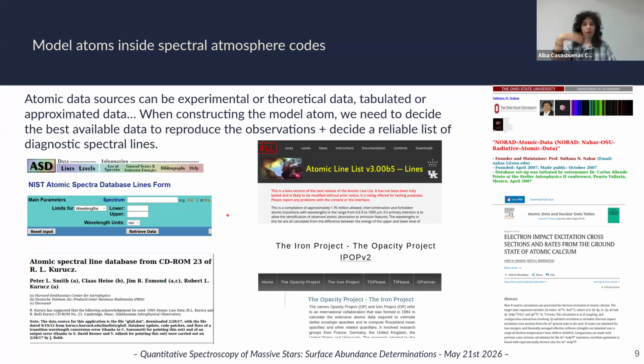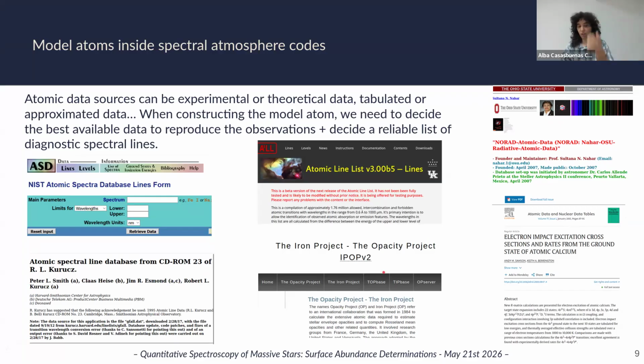And there are other databases with radiative atomic information, for example, the NORAD atomic line database.